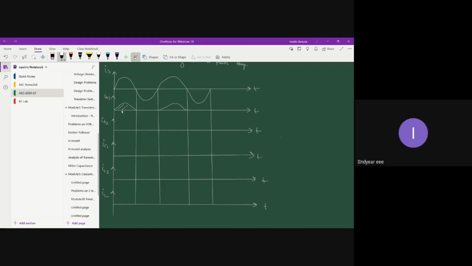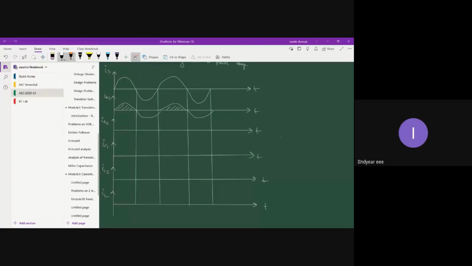The negative half cycle makes the transistor Q1 get into turn-off mode, so I have to draw the negative half cycle as well, because the signal is present for 360-degree duration, but the conduction is present for only 180-degree duration. So that is for IB1.